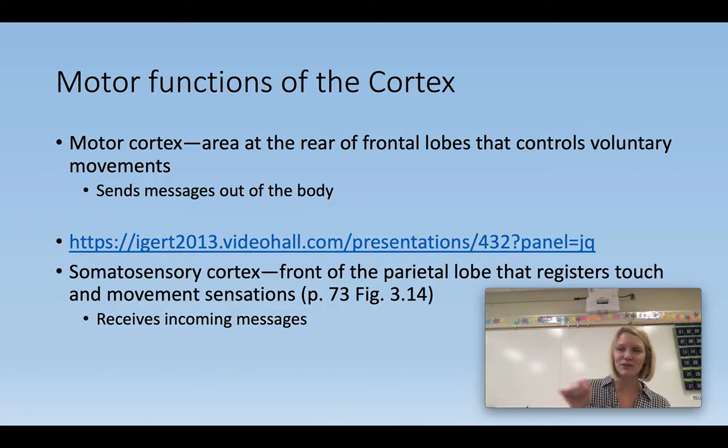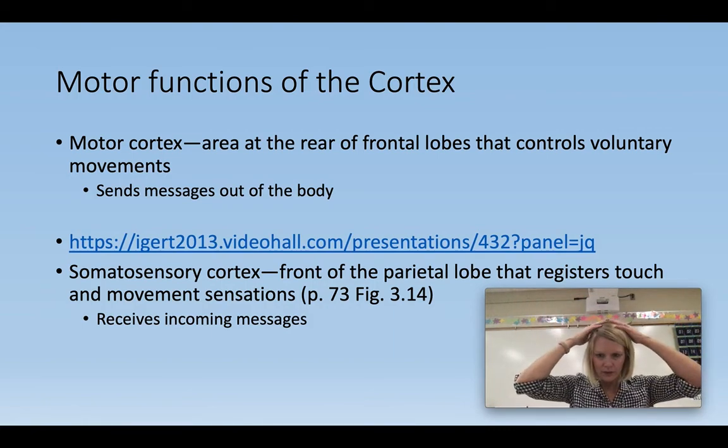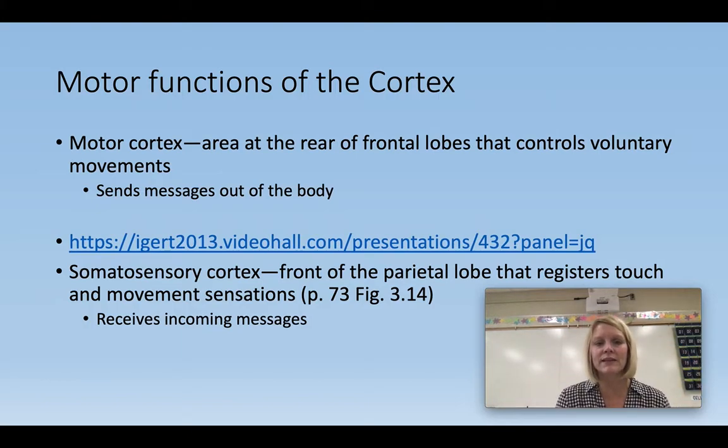The somatosensory cortex, I'll spit it out yet. The somatosensory cortex is, remember the parietal lobe where I said it's a lot for the touch? The somatosensory cortex is where different parts of your brain, different parts of this cortex, are developed or attributed to certain parts of your body.